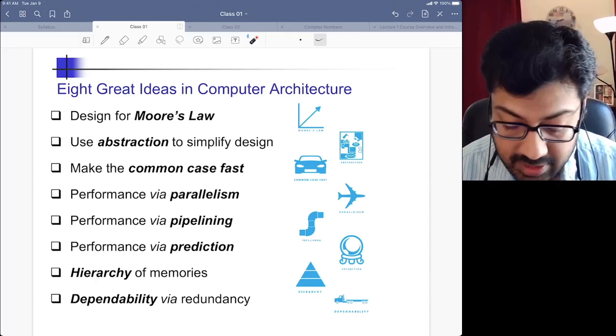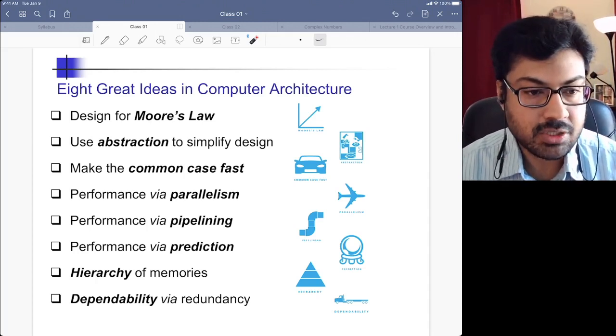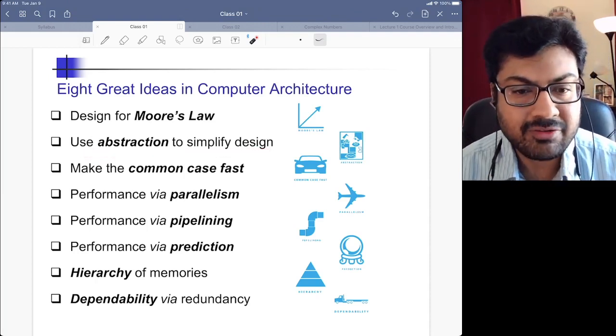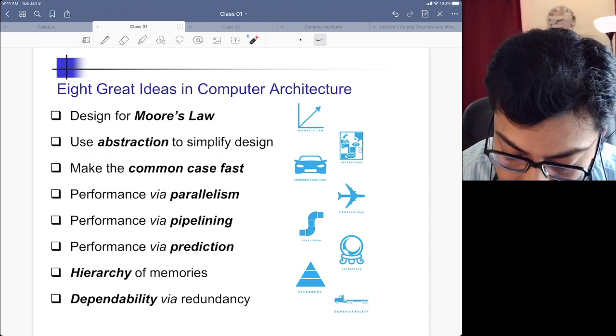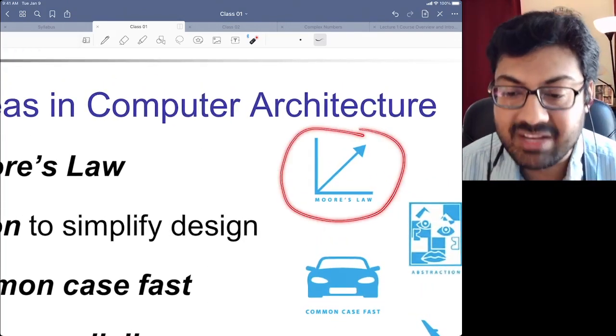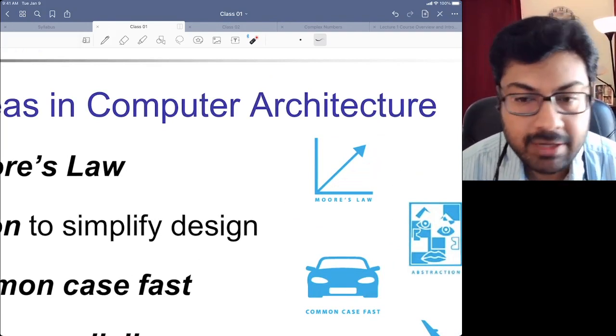Now, the next great idea for computer architecture is use abstraction to simplify design. And by the way, the symbol for Moore's law, the fact that you should be designing for Moore's law, is a graph going up and forward.